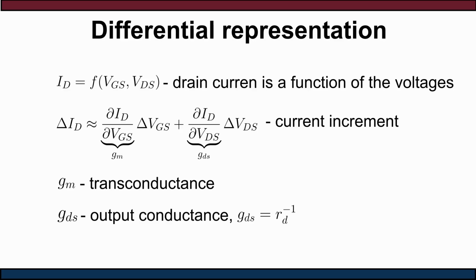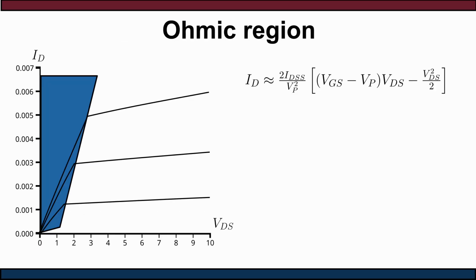This mathematical representation allows us to replace a nonlinear transistor with an equivalent small signal circuit made of a dependent current source in parallel with a resistor. It is this linearized form that we will use to calculate gain, resistance and frequency response in amplifier analysis. This circuit will be explained in detail in the next video.